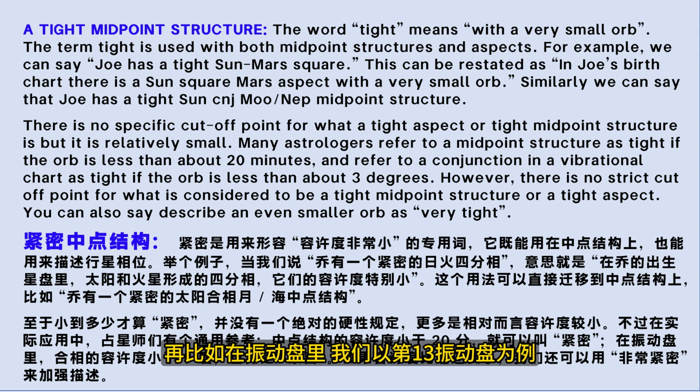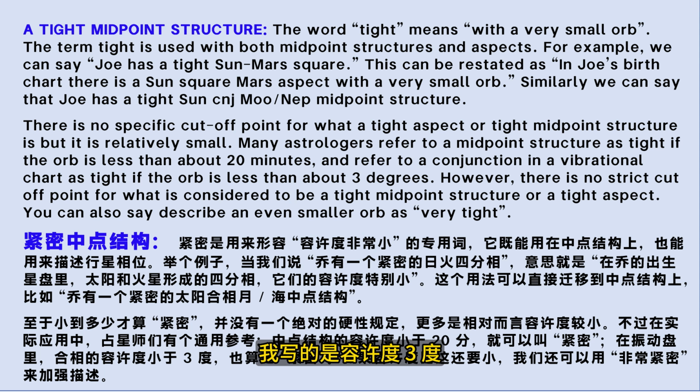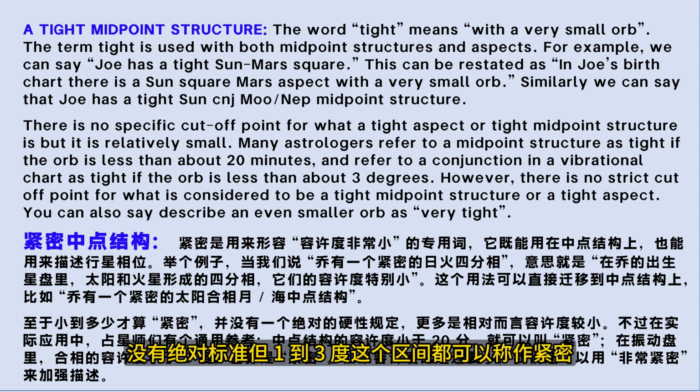For an aspect in a vibrational chart, like the 13 vibration chart, I would say an orb of, here I wrote 3 degrees, I'm thinking less than 2 degrees. Well, yeah, less than 2 or 3 degrees is about what most people would use to say it's tight. Maybe some astrologers want it to be 1 to 2 at most. There's no specific cutoff point, but something in that 1 to 3 degree range we can call tight.